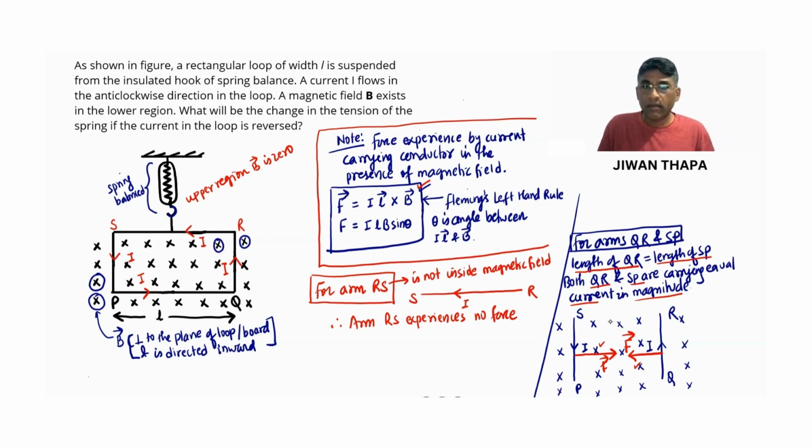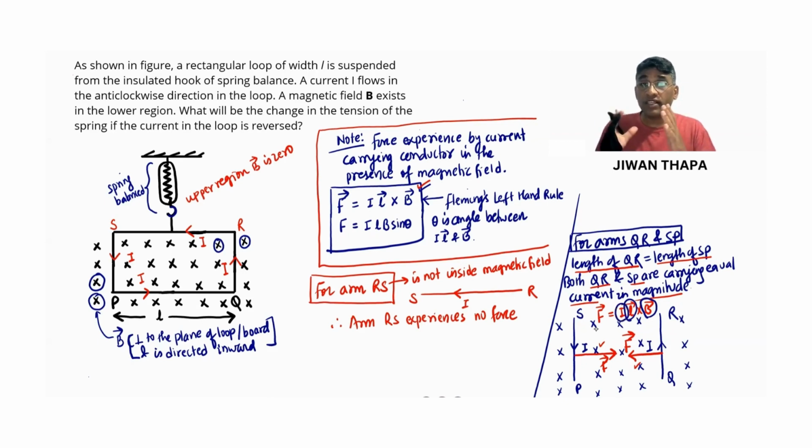As I said earlier, the magnitude of these two forces is equal and they are opposite in direction, because we know the expression for force is this. B is the same, the lengths of arms QR and SP are the same, and they carry equal amounts of current.